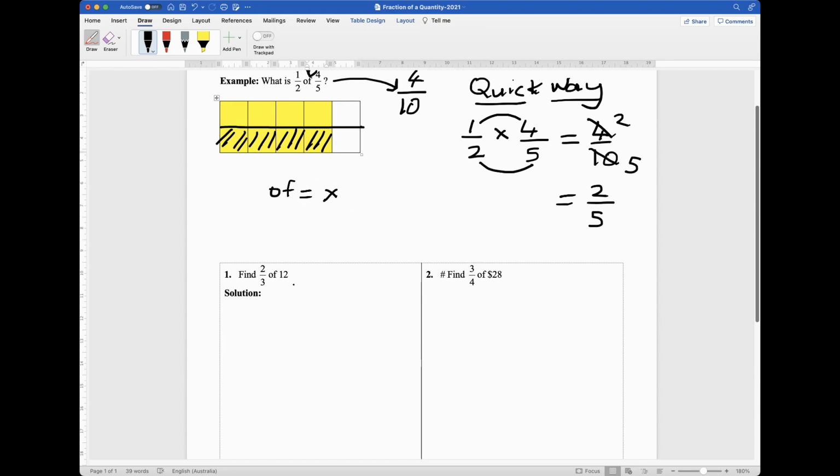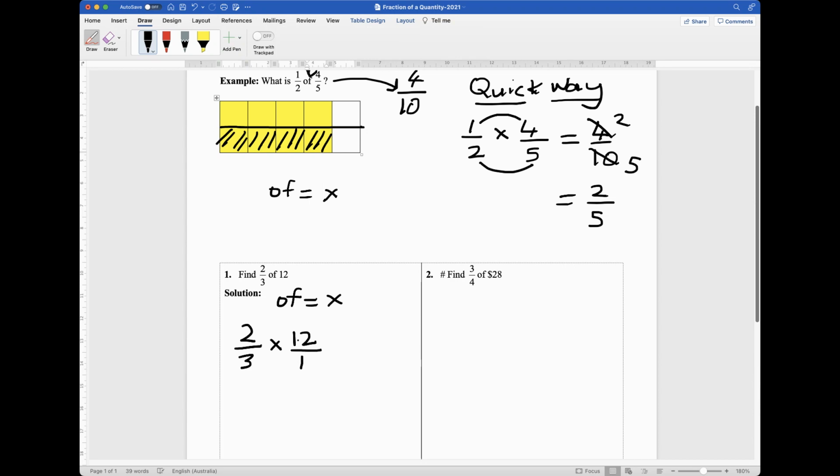So let's have a look at our next question. We've got 2/3 of 12. Now, of means times, so let's write that down as a reminder. Of is equal to times. So we're going to go 2/3 times 12. Now you notice that 12 is a whole number, but we can write it as a fraction because 12 is the same as 12 over 1.